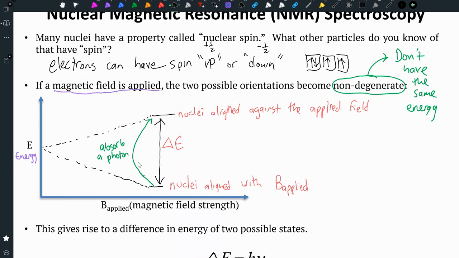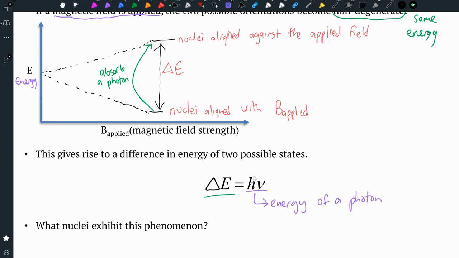Here we are using photons to promote nuclei from a lower energy state to a higher energy state. And when that delta E equals the energy of the photon, we call that resonance. That's where the nuclear magnetic resonance comes from.